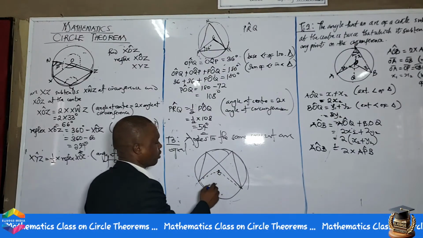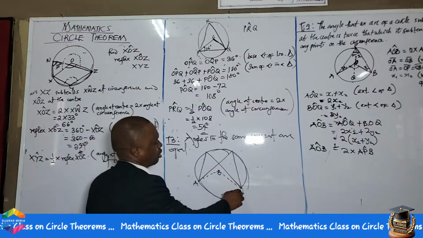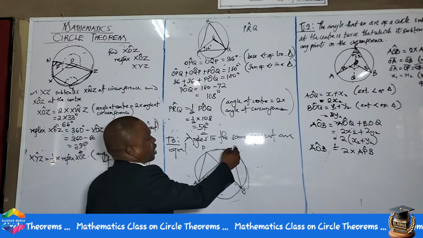These are point O, these are A, these are B, these are P, these are Q.